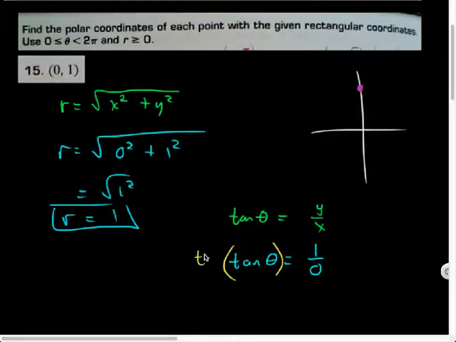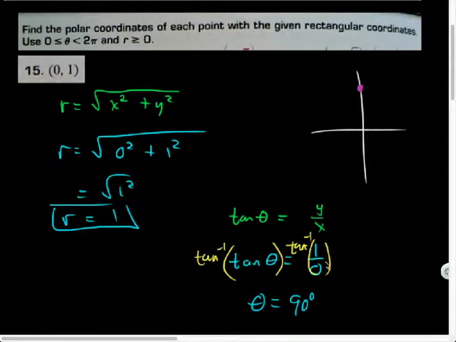However, think about it this way. Mentally, we might be able to figure this out. Tan inverse of undefined is asking the question, for what angle theta is tangent undefined? And it turns out that's 90 degrees. Now, I don't think you could plug that into a calculator, although I have not tried.